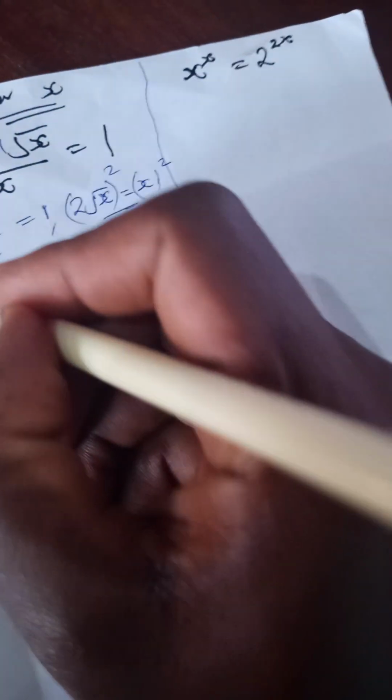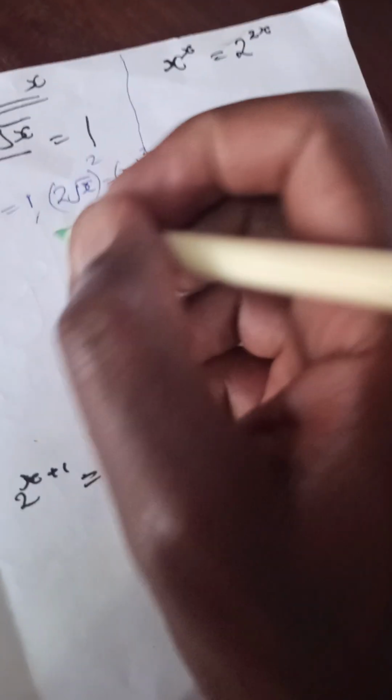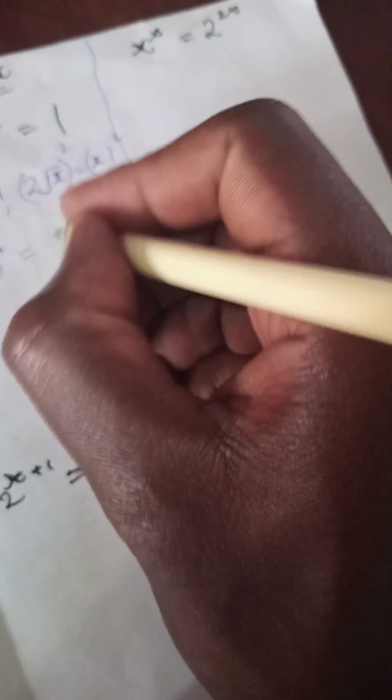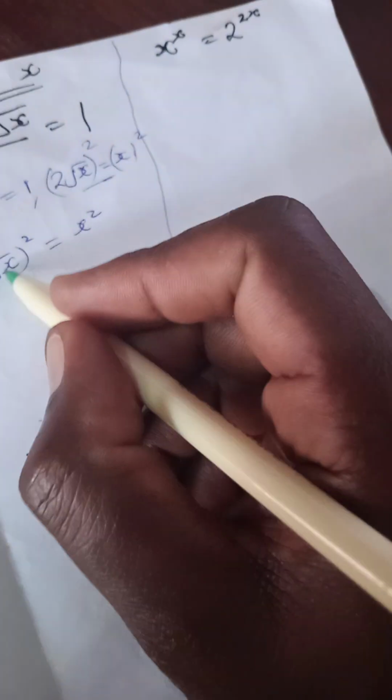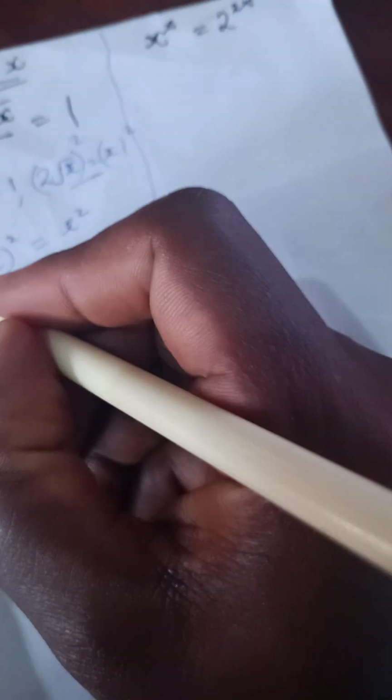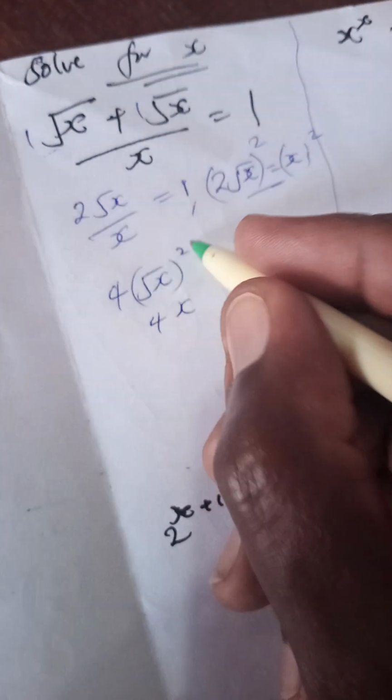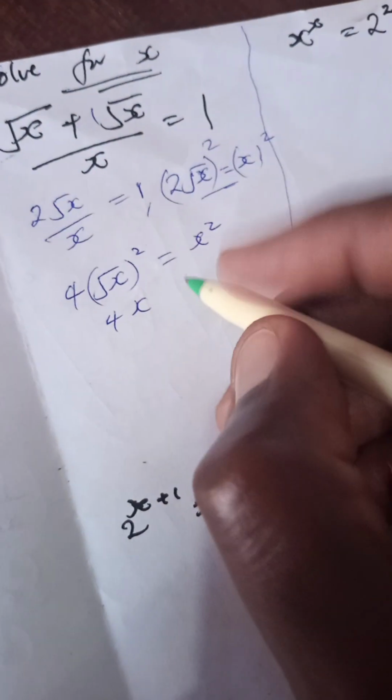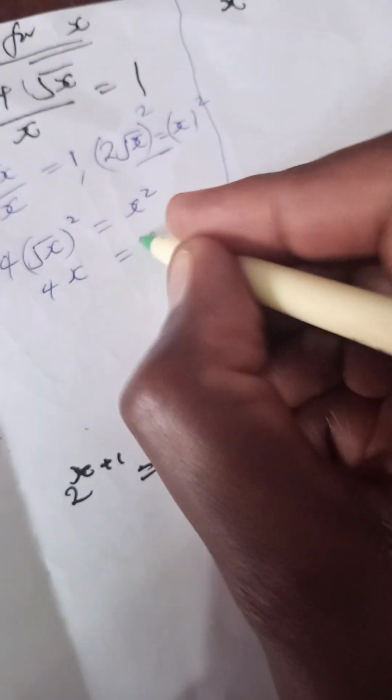So you get 4 root x squared, this is the same as power a half. So 4x, because the square root and the square go, is equal to x squared.